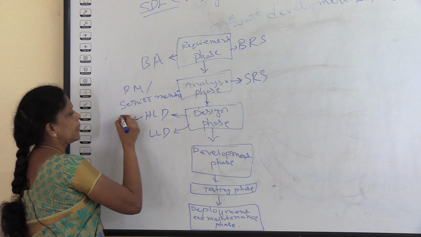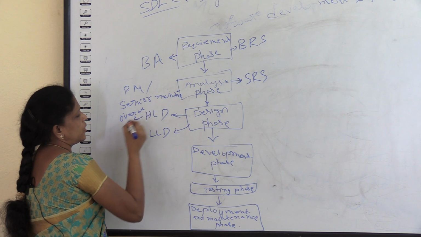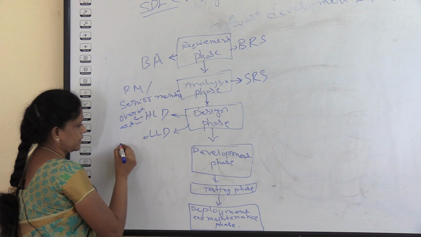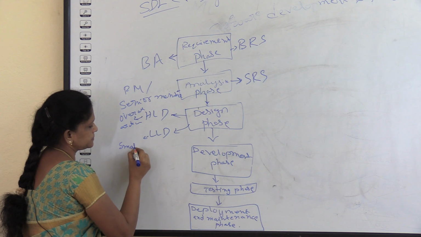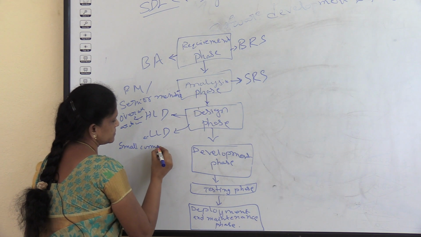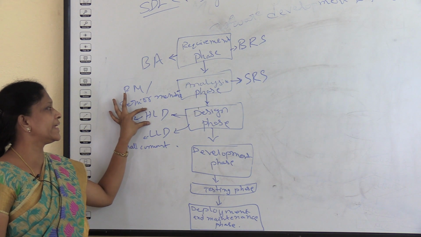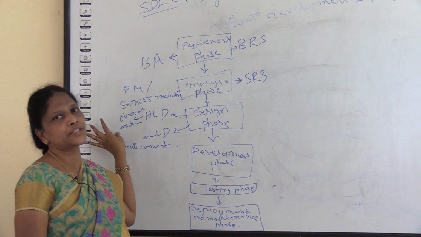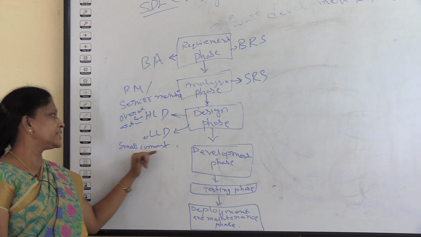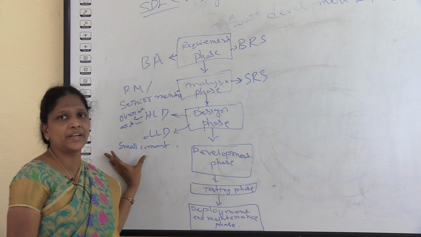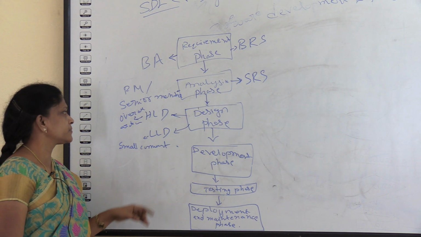In HLD we should know the overall architecture of the software development. In LLD, we see how each and every component in the software works.